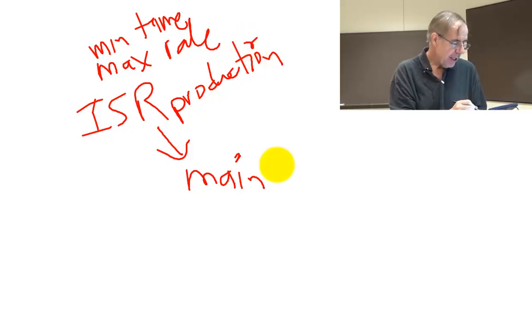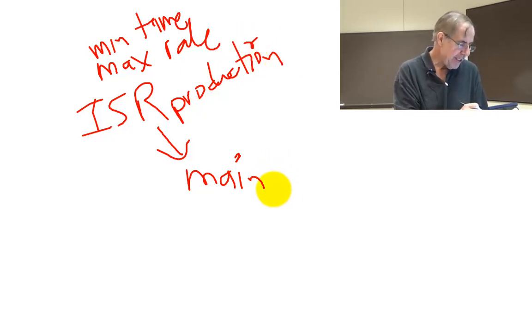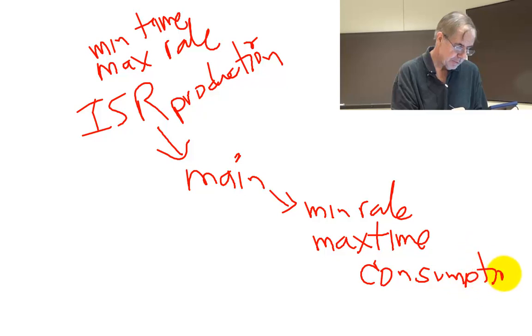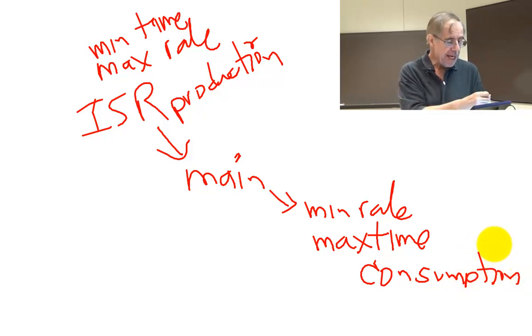And over here, I need to know the minimum rate or the maximum time between the consumption of data. I'm passing data from the background to the foreground. This is an input device.